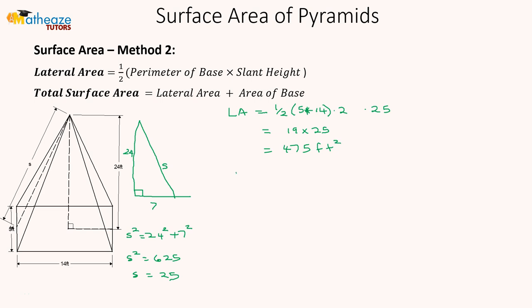The area of the base, we're going to call that uppercase B, is going to be 5 times 14, which is equal to 70 square feet. So total surface area is LA, lateral area, plus area of the base, which is 475 plus 70, and that's going to give us 545 square feet.